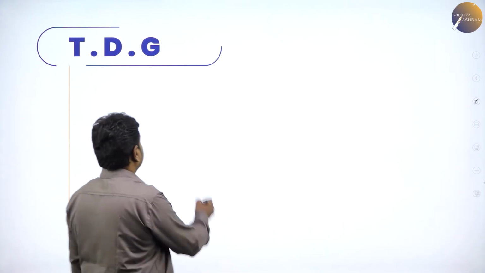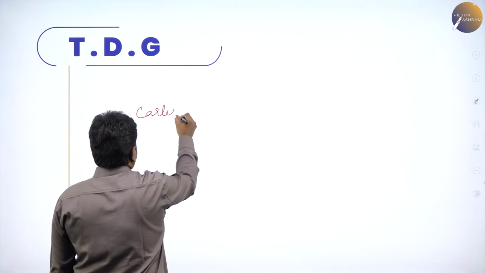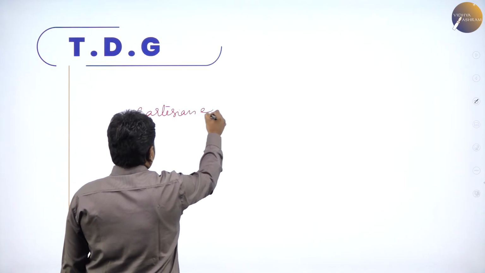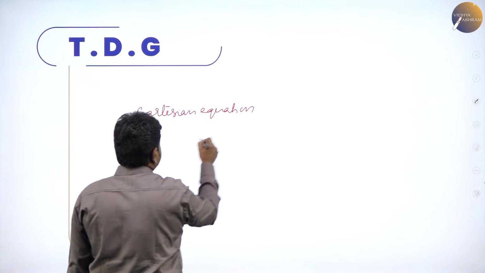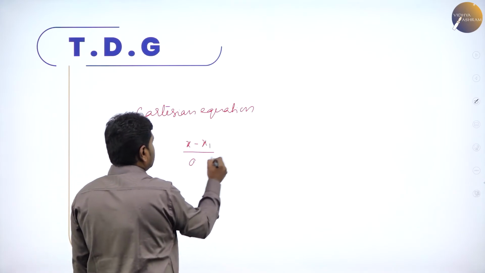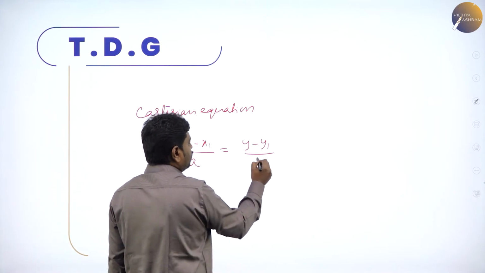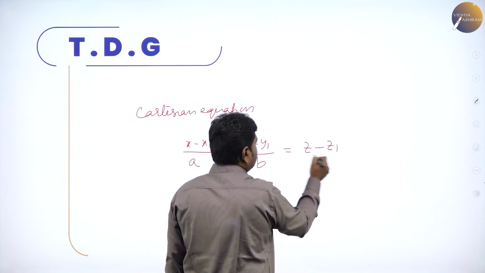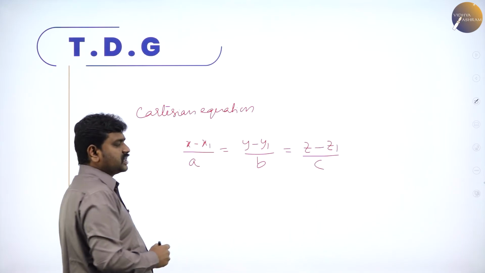Then the Cartesian equation. All of you know the Cartesian equation of a line: (x minus x1)/a equals (y minus y1)/b equals (z minus z1)/c, where (x1, y1, z1) is a point.